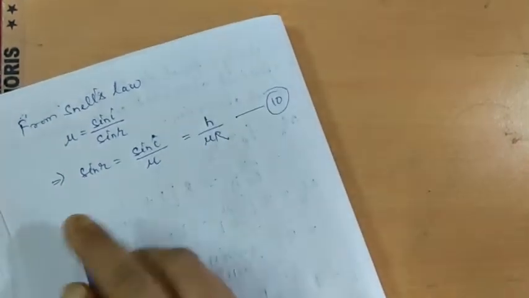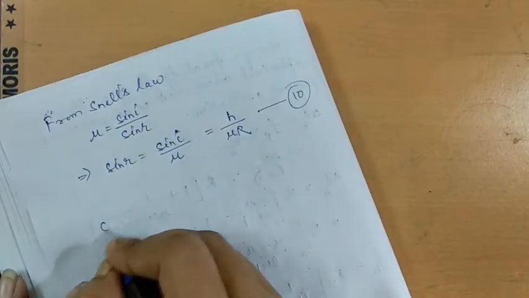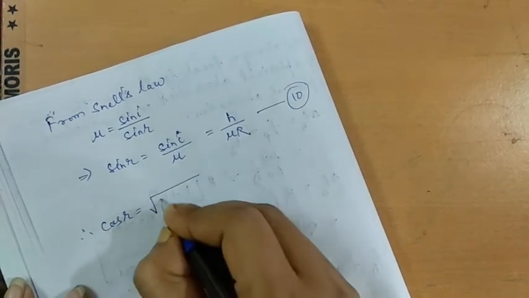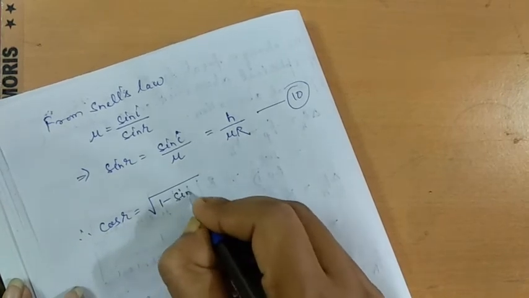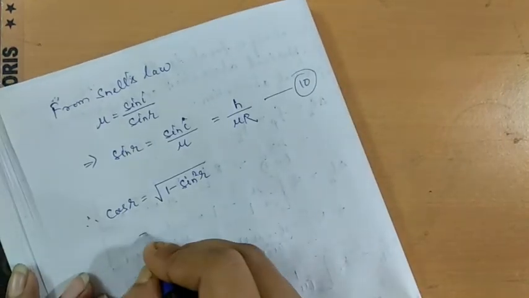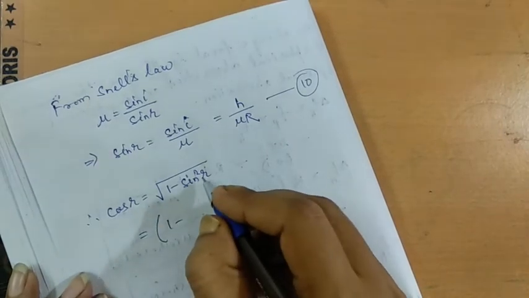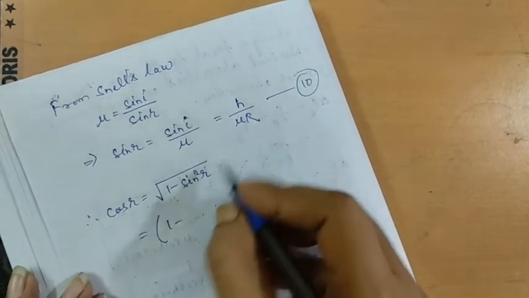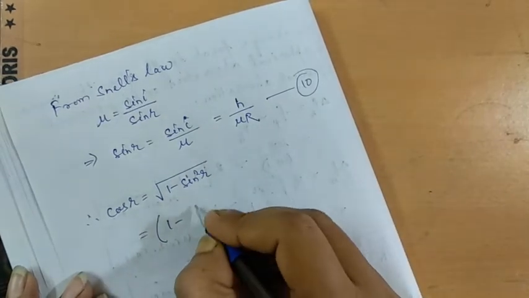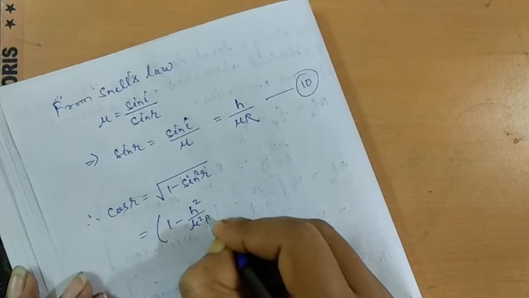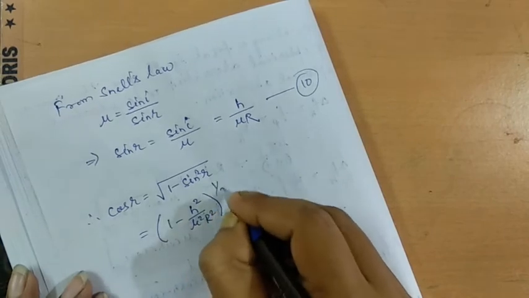So similarly you can calculate, therefore cos r value is equal to root over of 1 minus sin square r. So just substitute the value over here. So 1 minus, sin r is h by mu r. So put these values, so you will get here (1 minus h square by mu square r square) whole to the power half.